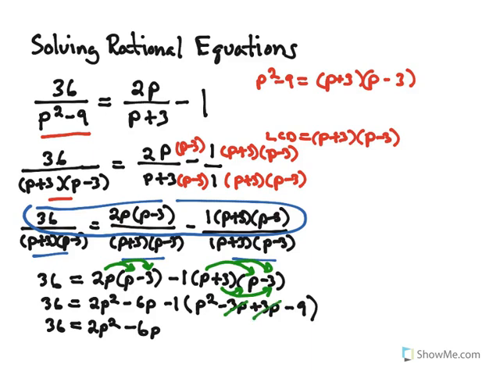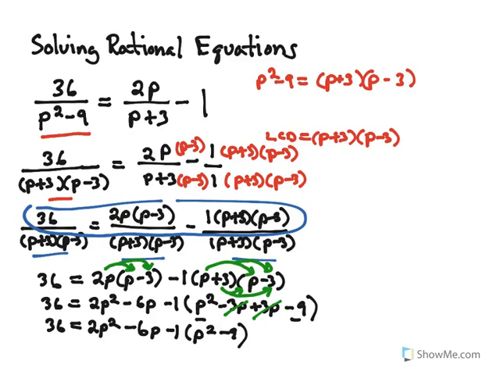So you are just left with p squared minus 9. So it's basically minus 1 times p squared minus 9.